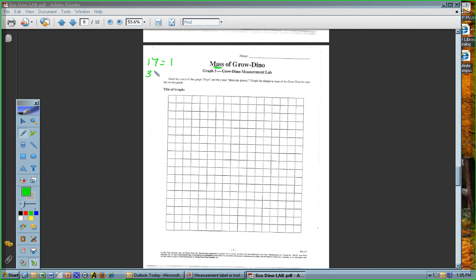If your biggest mass is 34 or less, you go up by 2s. If your biggest mass is 51 or less, you go up by 3s. Most of you will probably be going up by 2s.